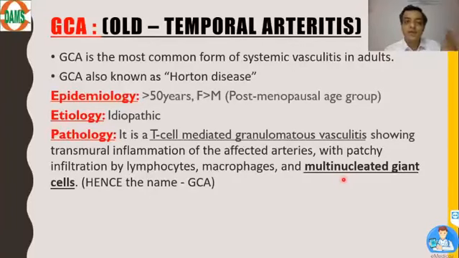Same way, if you say temporal arteritis, people feel it is only headache, but it is not just temporal. It can affect many other branches of the aorta also, and that is why the new names are based on the pathology. So I am giving you one by one. Giant cell arteritis is a disease commonly affecting postmenopausal female.